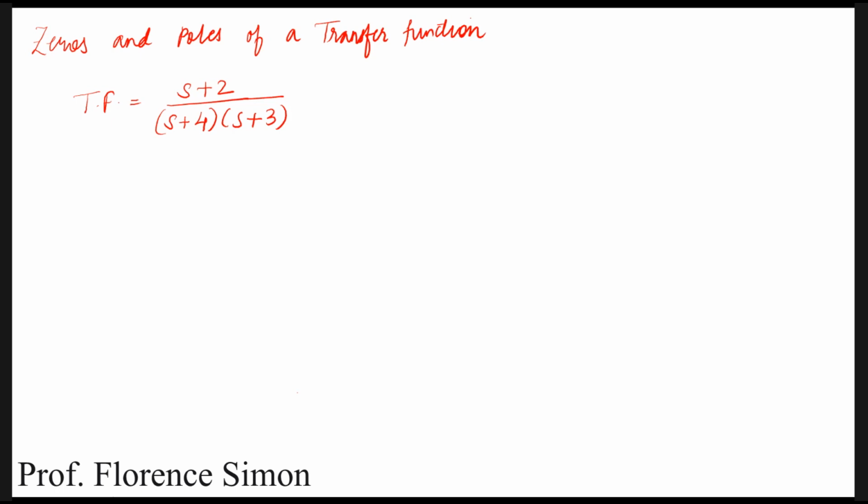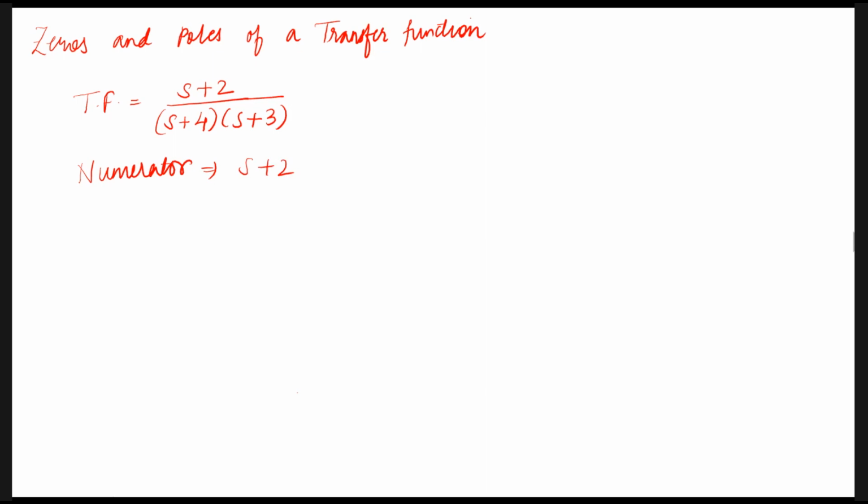So here I have written down a transfer function. Here in the numerator we have s plus 2, so let us write it down. Numerator has s plus 2 and in the denominator we have s plus 4 and s plus 3. So basically what we have to do is equate both of these to 0.